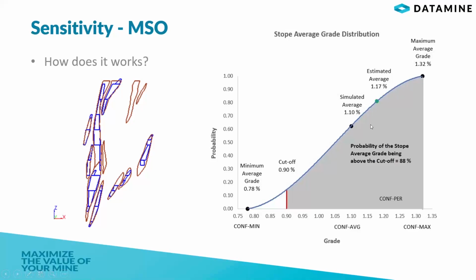I can find somewhere here the estimated grade, the average of the blocks inside, right? And that's the cutoff I have used to define this stope. So in that case, applying this cutoff on that distribution, there is a probability of 88% of the average grade of this stope being higher than the cutoff, right?